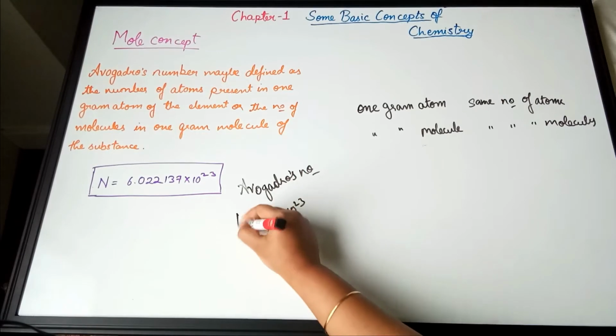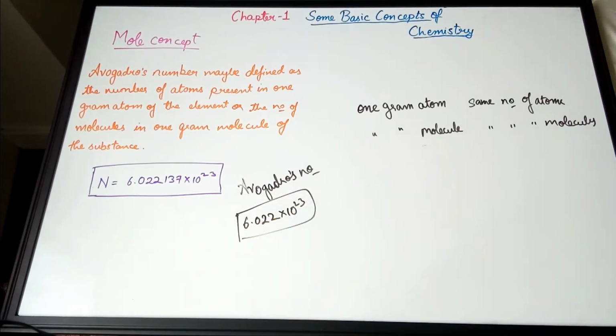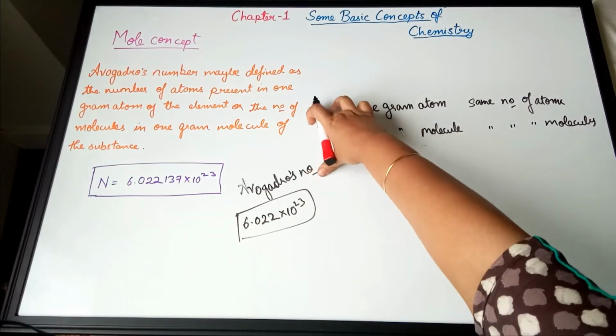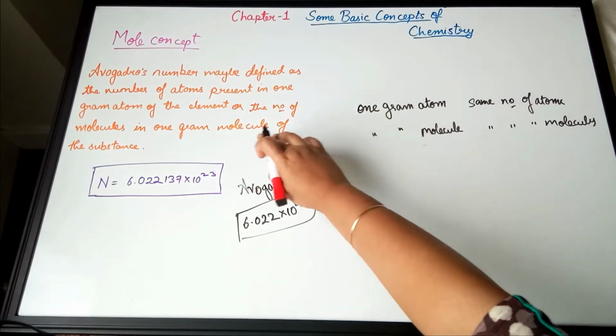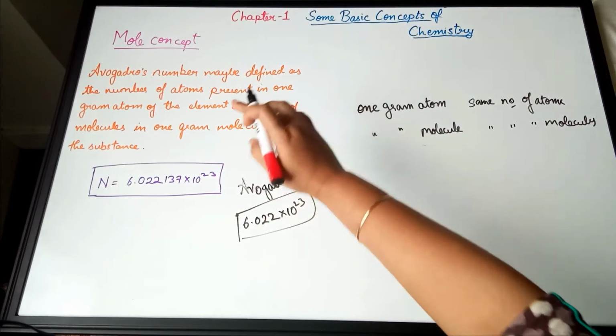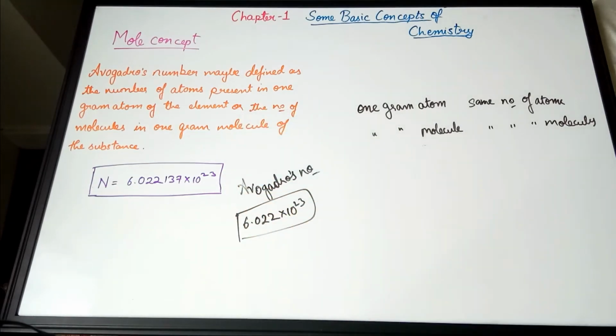Now, this number is very essential when it comes to various calculations that we do in chemistry. So, Avogadro's number is defined as the number of atoms present in 1 gram atom of the element, or number of molecules in 1 gram molecule of the substance.